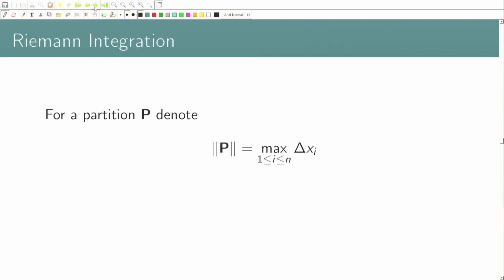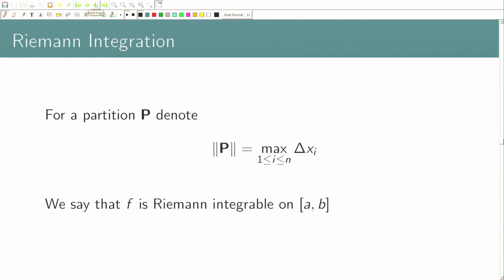To define the Riemann integration, remember that this is the partition P. Now the norm of P I am going to define as the maximum of all these differences, that is, the maximum of the lengths of the intervals.